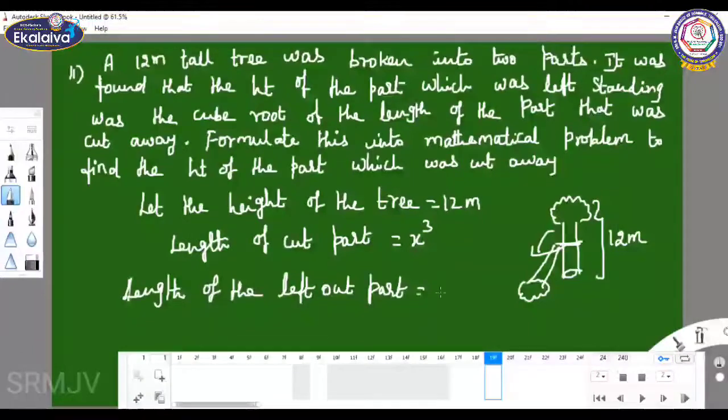Because it is x cube whole power, the cube root I will write as the power of 1 by 3. What is the meaning of cube root? Cube root of x, you can write it as x power 1 by 3. That 3 and 3 get cancelled, because a power m whole power n equals a power mn. So it gives x.